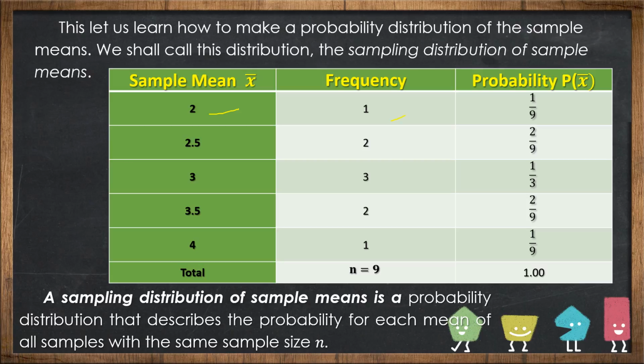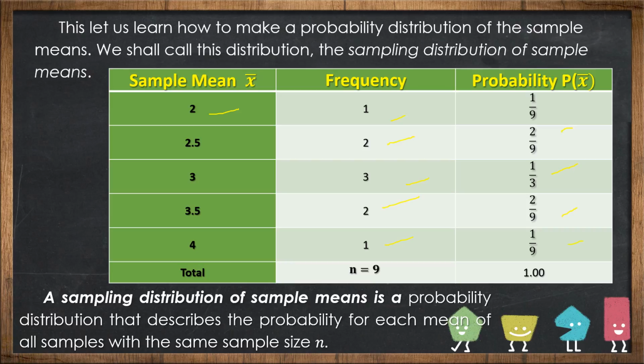Therefore, the probability of the mean is 1 over 9. This one, that is 2.5, 2 over 9. Since the frequency is 3, 1 over 3. Then, 2 over 9. Then 1 over 9.